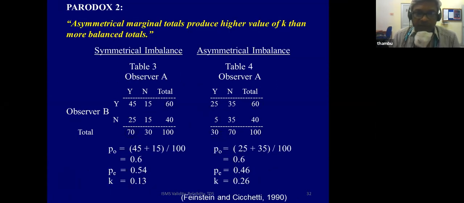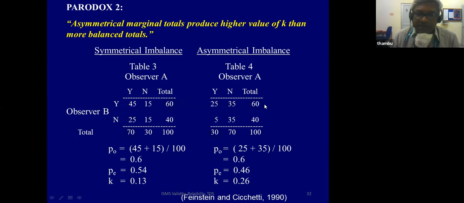Now the second one is that asymmetrical marginal totals can provide a higher value of kappa than balanced totals. In this, I want you to focus on the totals here. Again, observer A, observer B, they agreed here. This observer 1 said yes 70 times. Observer 2 said yes 60 times.